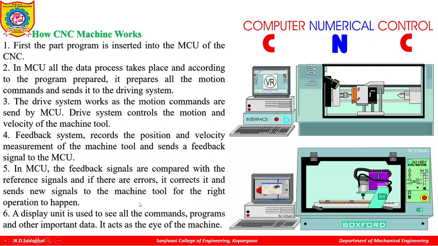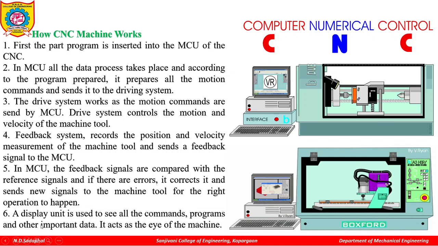The MCU will send the signal to the machine tool. In the MCU, the feedback signals are compared with the reference signal, and if there are errors, meaning if the motions are not completed 100%, then it corrects it and sends a new signal to the machine tool for the right operation to happen.